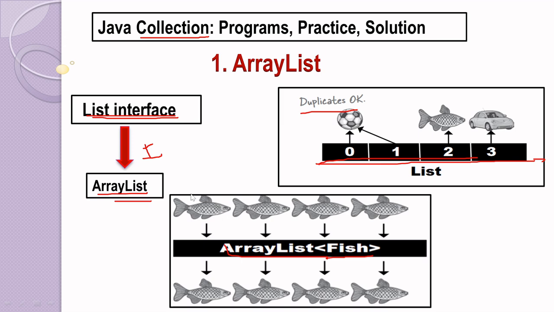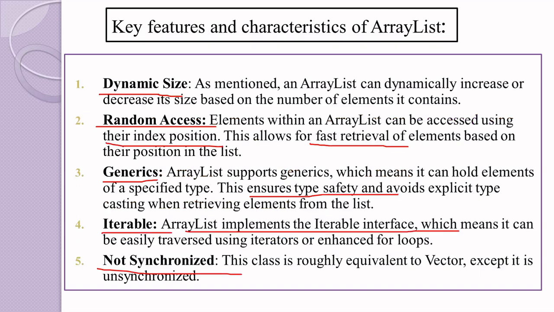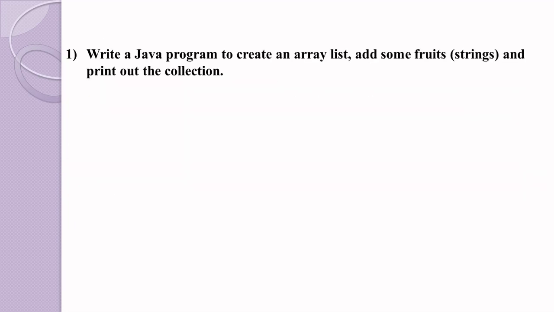Here is the example we have to solve: write a program to create an ArrayList, add some fruits of type String, and print out the collection. So firstly we create the ArrayList and add some fruits, and then print this collection.